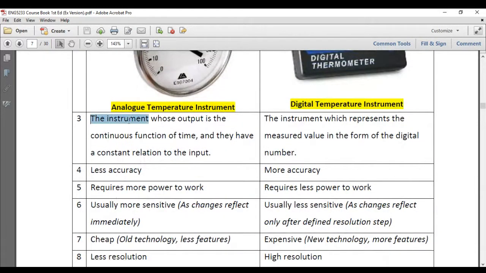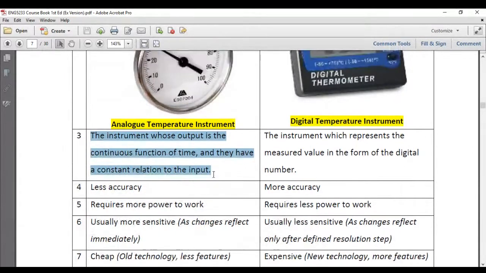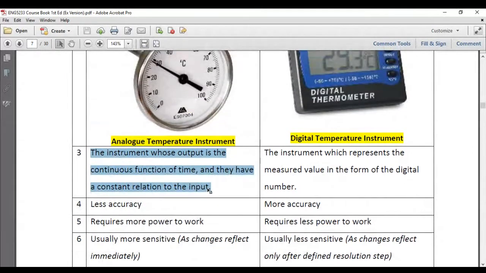So for analog, the instrument's output is a continuous function of time, and they have a constant relation to the input. So what does it mean? It means the input, the parameter which you are measuring. So analog instrument is directly connected with the input, and it is showing the reading as a function of time.